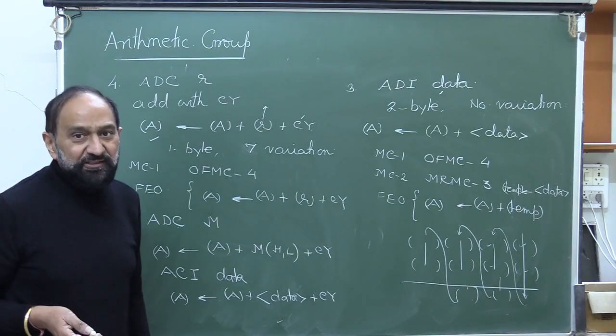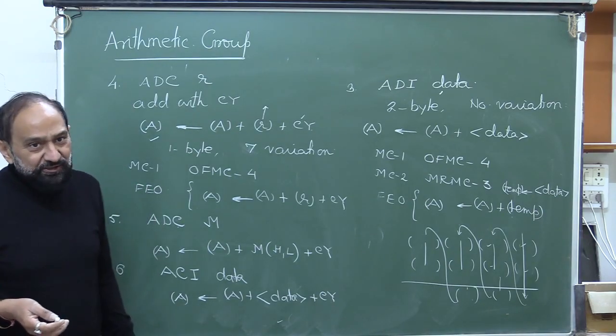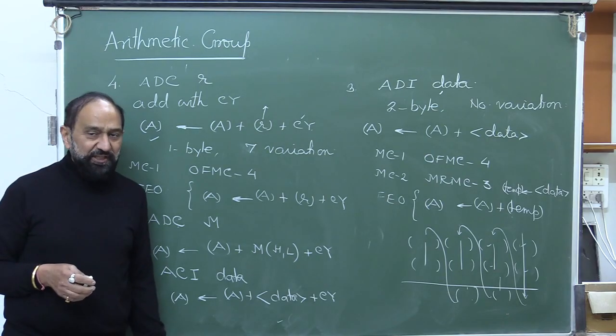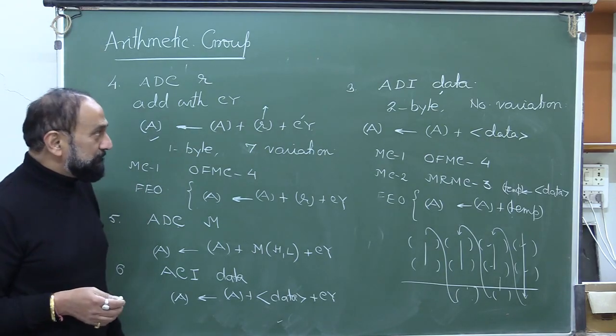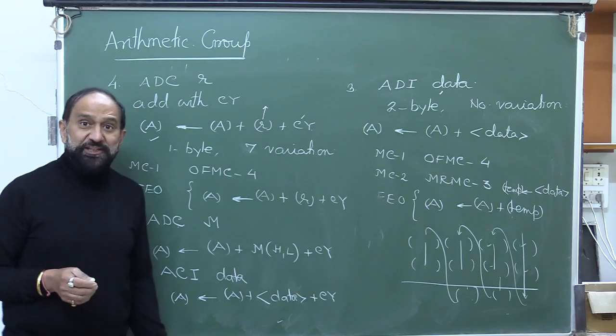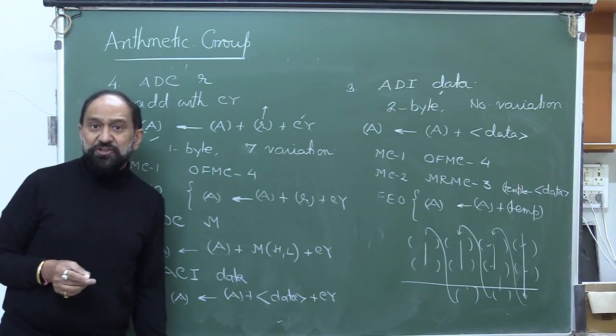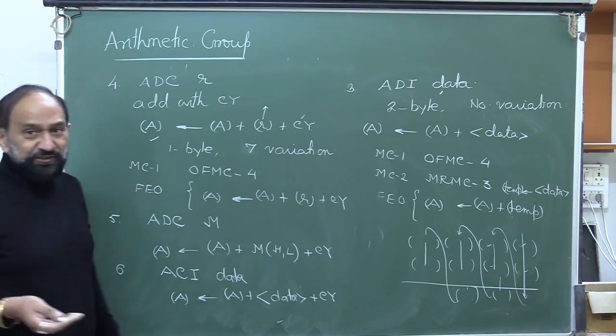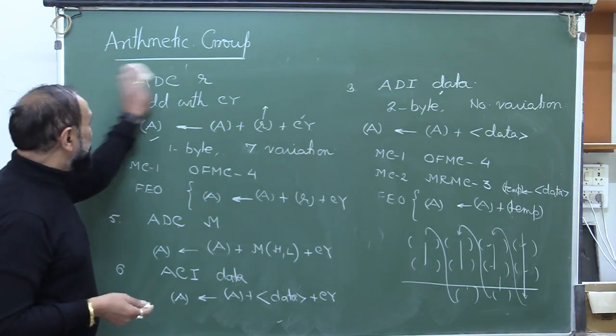And then the result is stored back into accumulator. All the flags are affected as per the result. Addition is with carry or addition may be without carry. So you have 2 different types of instructions possible.